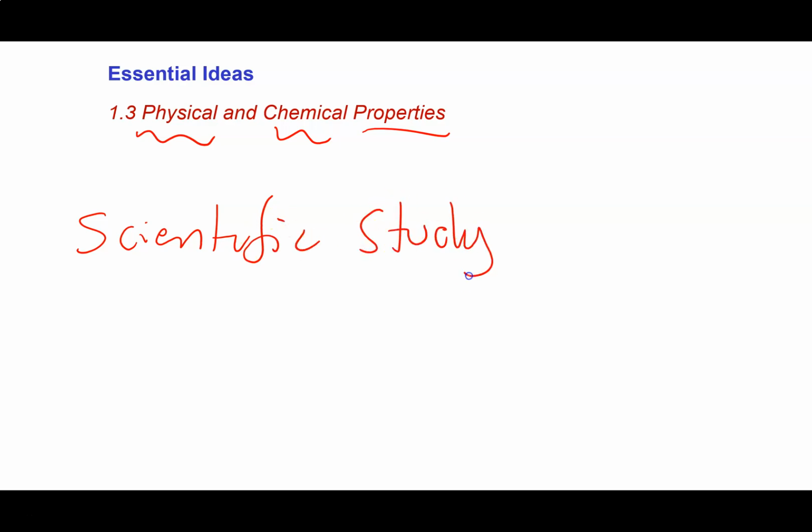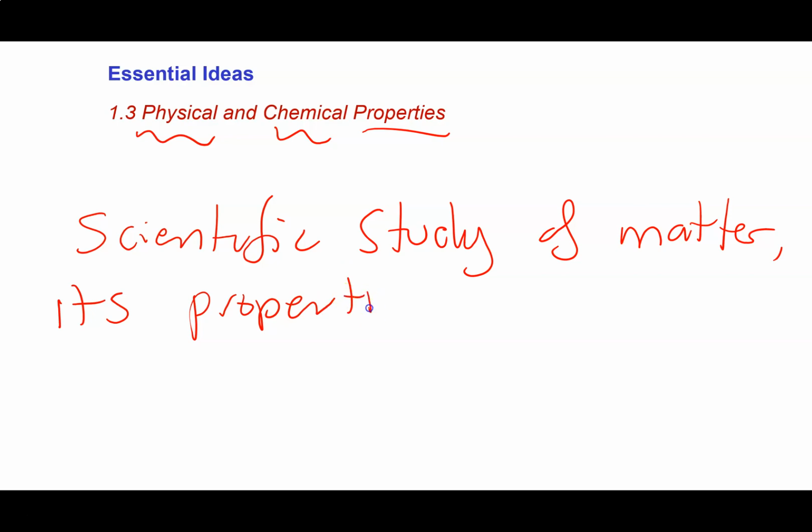Section 1.3 is relatively short, and what we're going to do is review what we mean by the terms physical and chemical properties. So if you recall, we said that chemistry was the scientific study of matter, its properties, and transformations.